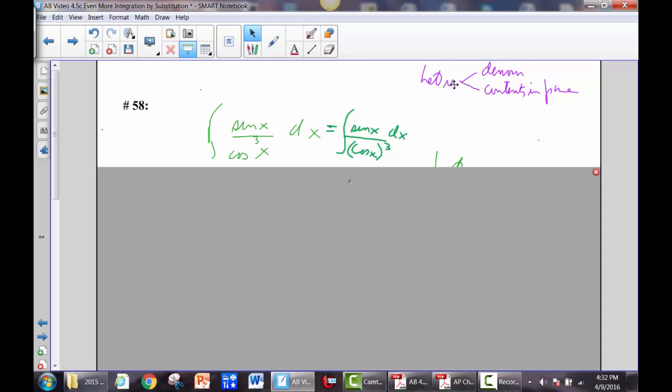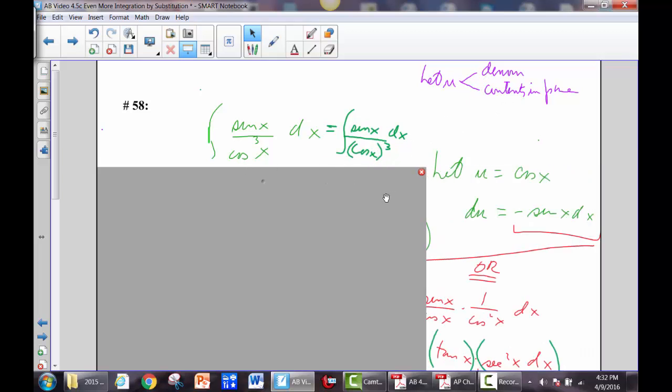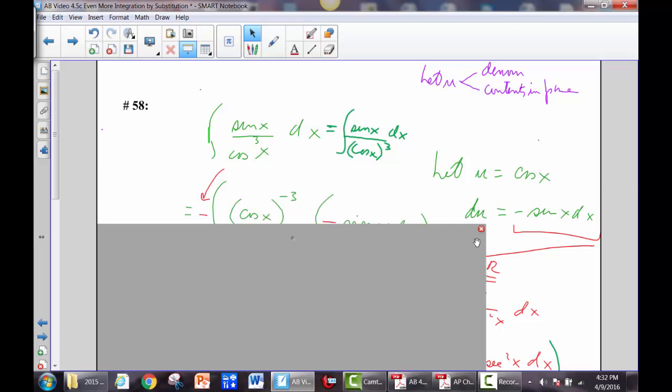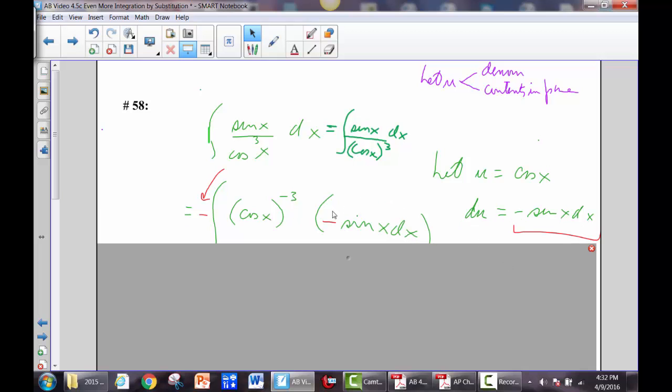Again, we could either let u equal the denominator, the contents of the parentheses. In this case, we're going to look at this as cosine x to the 3rd, and we're going to let u equal the contents of the parentheses. The derivative will be negative sine x dx. We've got sine x dx. We just need to introduce the negative. We introduce the negative, and we counteract with a negative.